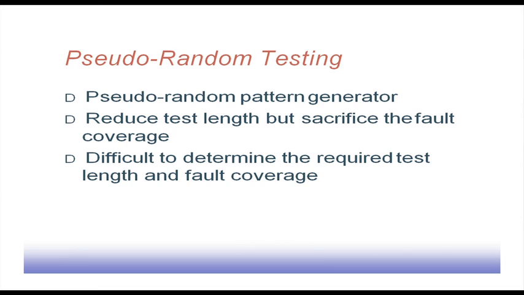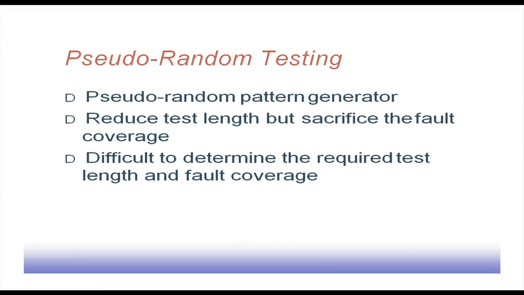It reduces test length but sacrifices fault coverage, and it is difficult to determine the required test length and fault coverage, because how long will you run? What we can do is a simulation. This is my random pattern generator, so I simulate it for 100 cycles, which gives 100 patterns, and for these 100 patterns we do a fault simulation to see which faults are detected. That may be one possibility.